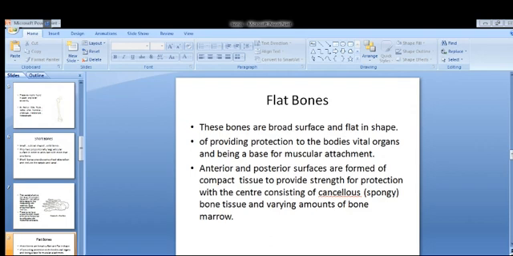The harder portion is formed of the compact tissue, and it is full of strength that protects the outer area, right? So this is how it is differentiated from outer to interior, where the outer is the anterior or the posterior part of it.